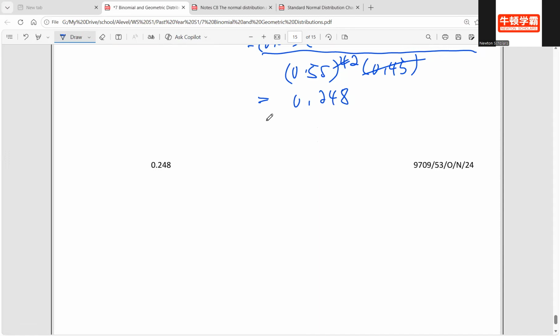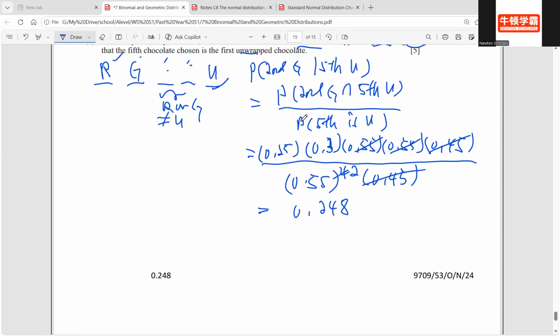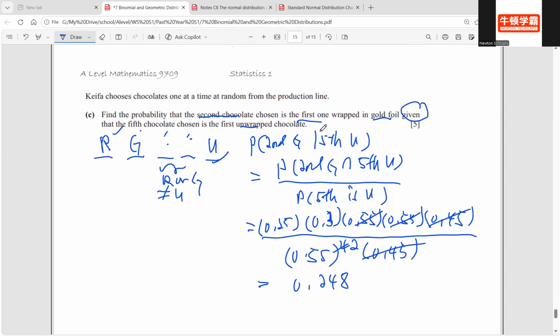No such thing. It can be A geometric, B binomial, C normal, or A geometric, B binomial, then C conditional probability. It can have different kinds. So try to understand the question, read it carefully, and take note of the keywords that he gives you.